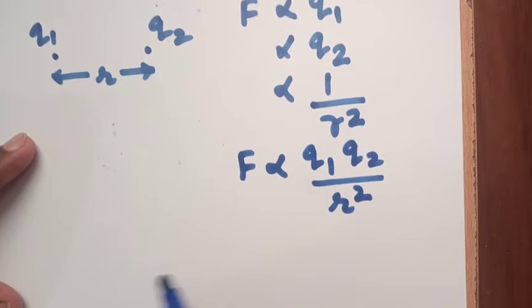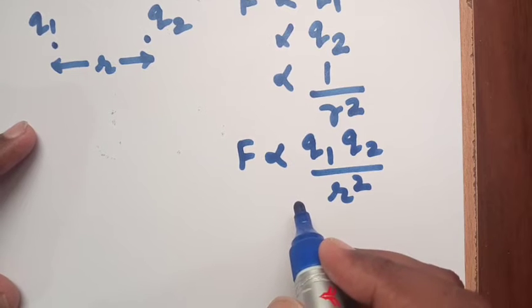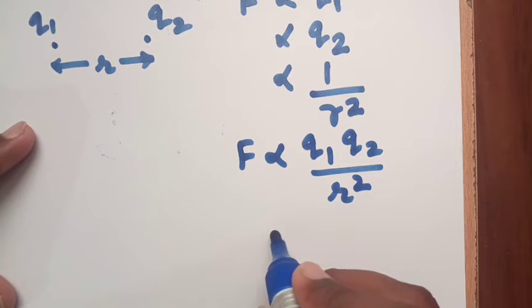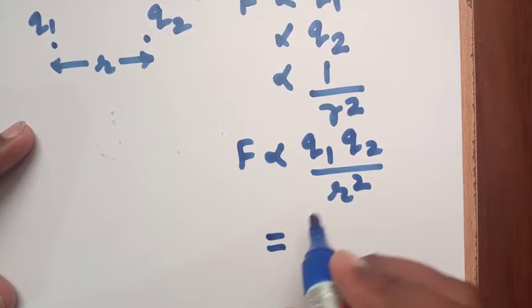The proportionality sign can be removed, and hence we have to put a constant.